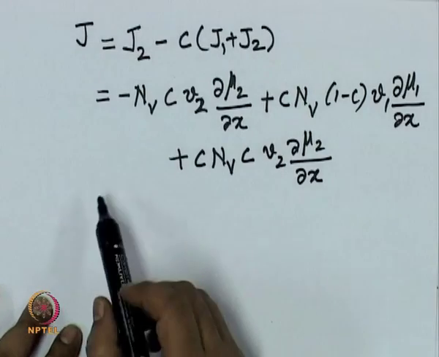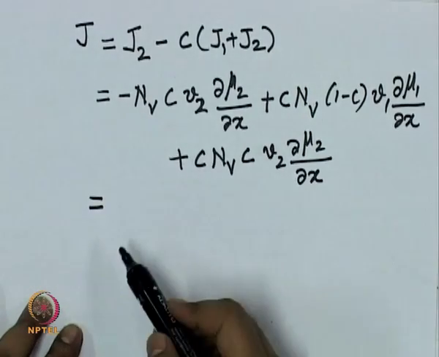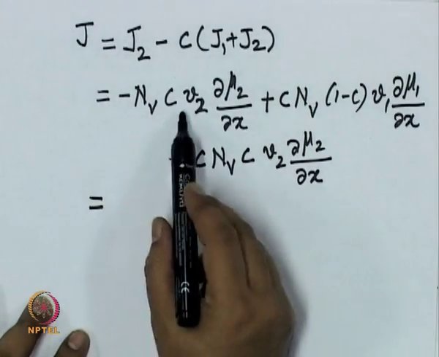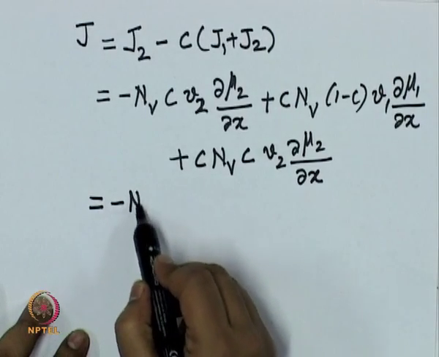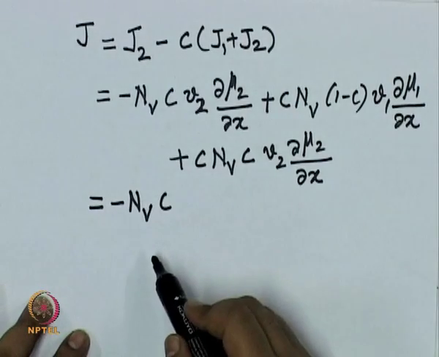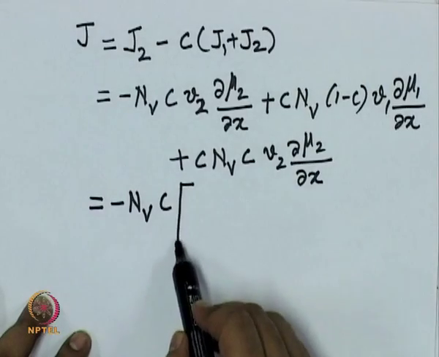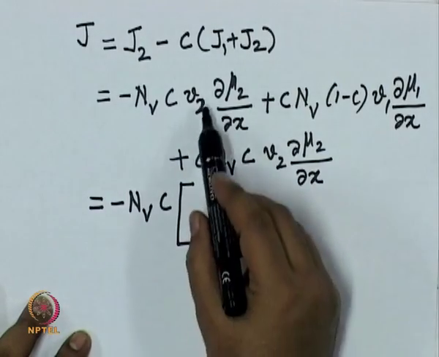Okay. So, now let me do a little bit of algebra. Let me pull minus N V times C out, common to all of it. So then what do I get?